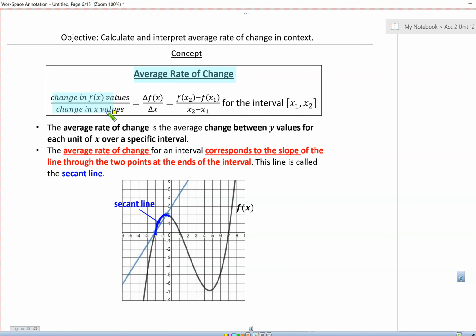So remember that your slope calculation is the change in y values divided by the change in the x values. Here it's written in our function notation, where change means subtraction, and that we have to understand our interval values, which are defined from x1 to x2.